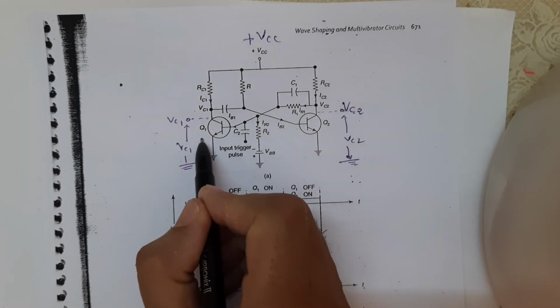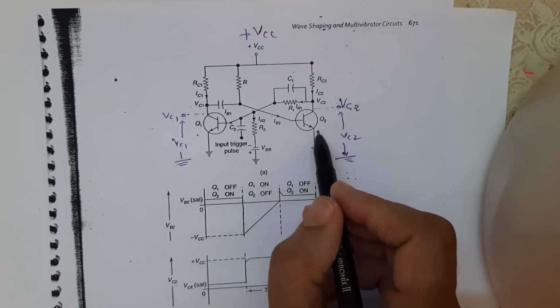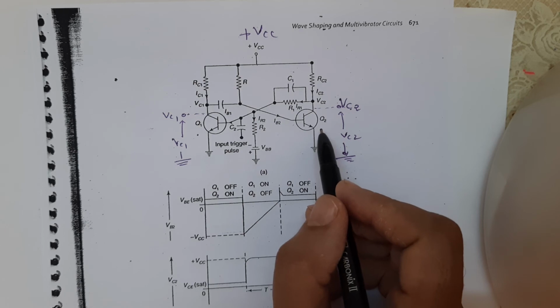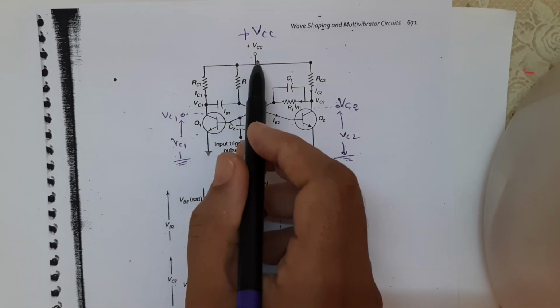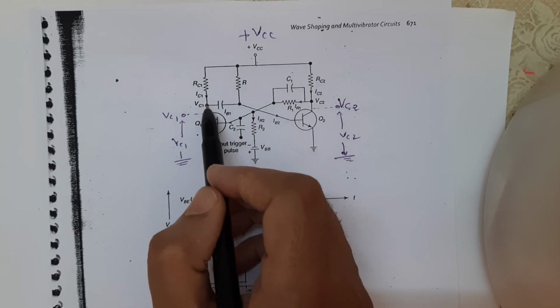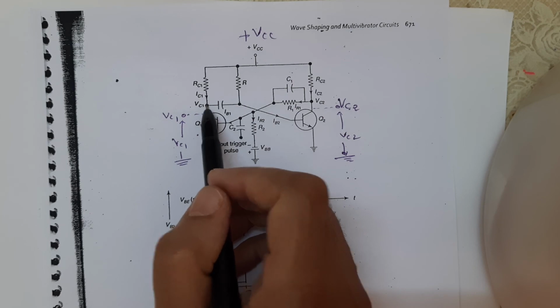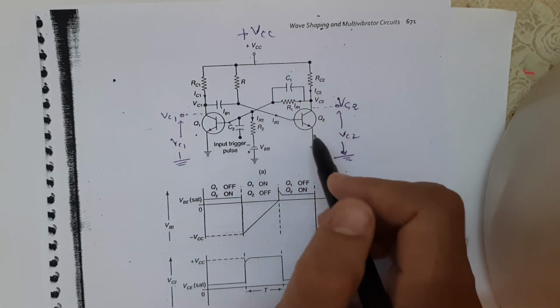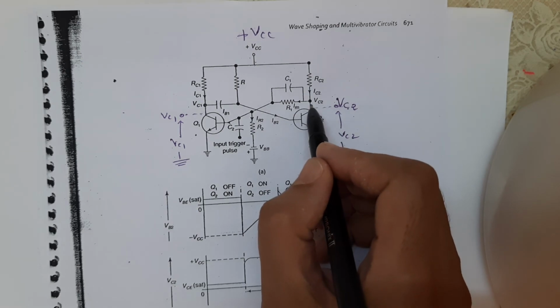Now Q1 is in off condition and Q2 is in on condition. In this situation, the voltage VB1 increases exponentially, because Q1 is off, so VC1 is at its maximum, and the voltage across Q2 is at its minimum value because it is on.